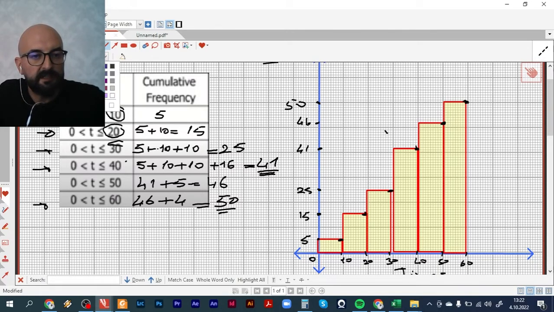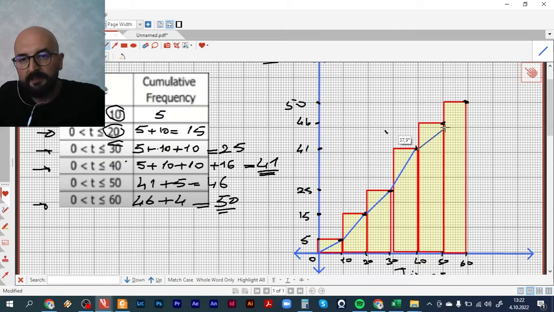Now we will draw our graph, and I draw both a polygon and a curve. If you want to draw a polygon, you should join the upper boundary points, and the blue polygon is the cumulative frequency graph.